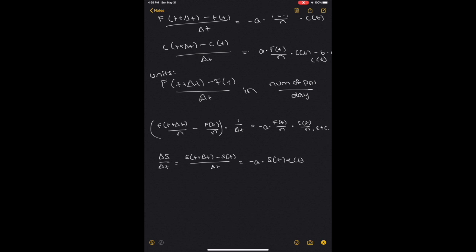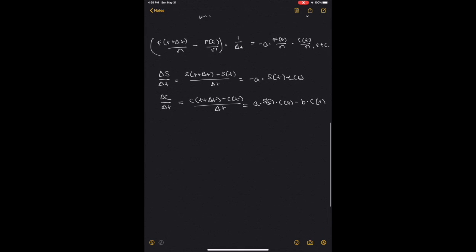And we can also say that delta c over delta t is equivalent to c of t plus delta t minus c of t all over delta t, which is equivalent to a times s of t times c of t minus b times c of t.